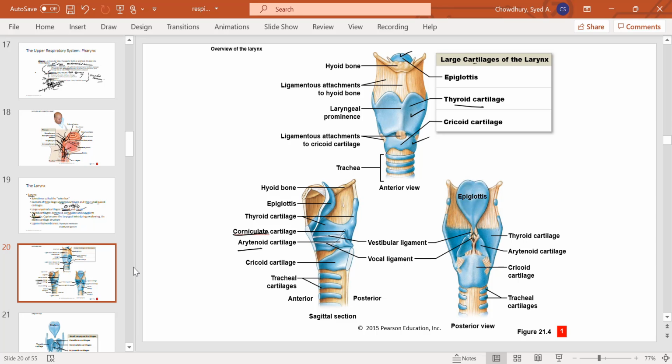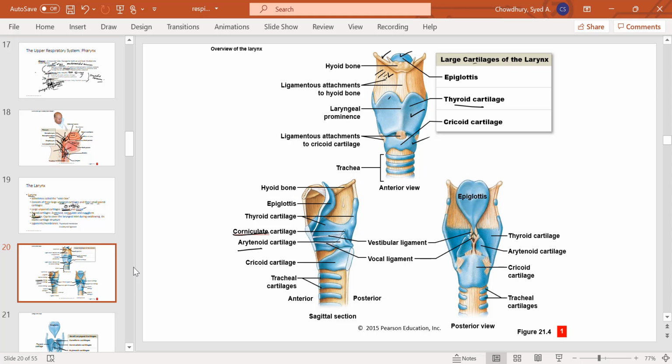Okay. Now, if you see the structure of the larynx, you will also see ligaments or membranes. Okay, so the large ligament is here, that is called the thyrohyoid membrane.